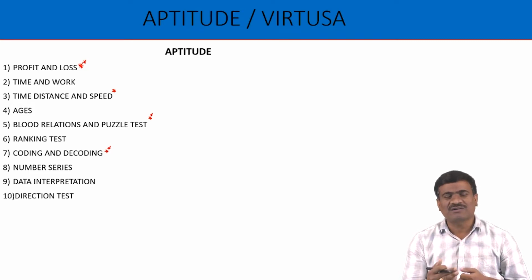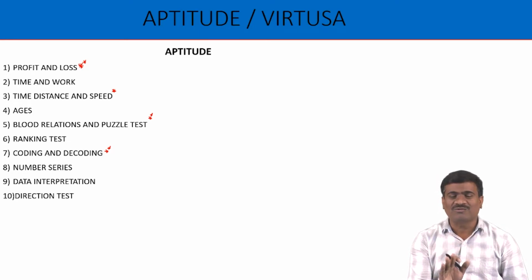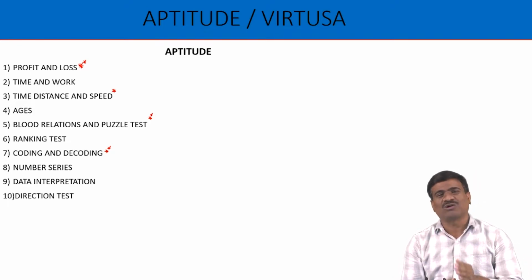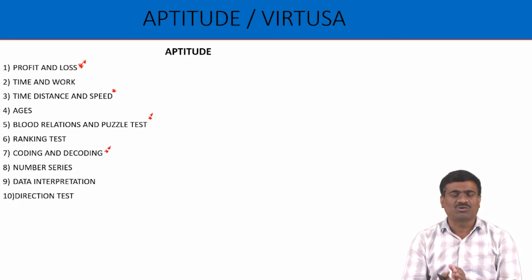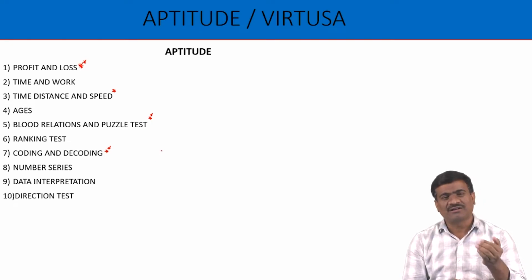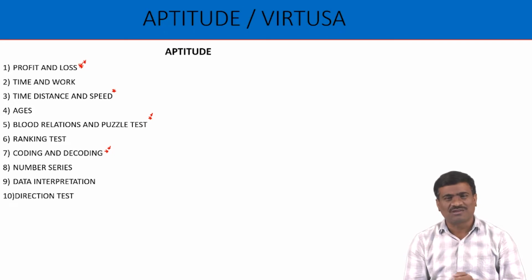Suppose S1 T1 is equal to S2 T2, sorry, S1 into T1, not S1 by T1. This is called inverse application. S1 into T1 is equal to S2 into T2 when distance is constant. When time is constant, d1 by s1 is equal to d2 by s2.